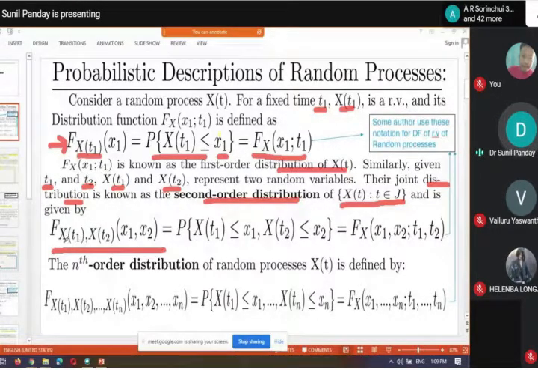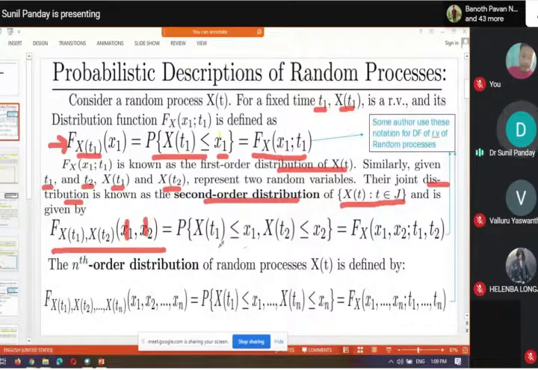Earlier also, like here we are having x, here we are having y. So instead of x, y, here we are having xt1 as a random variable and xt2 as a random variable. And small x1 and small x2 are the values taken by these random variables xt1 and xt2.